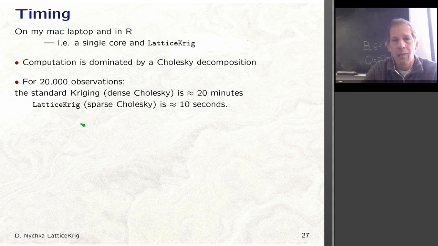And so literally, if we're fitting this kind of exponential model to 20,000 observations, the Kriging would take and doable there.